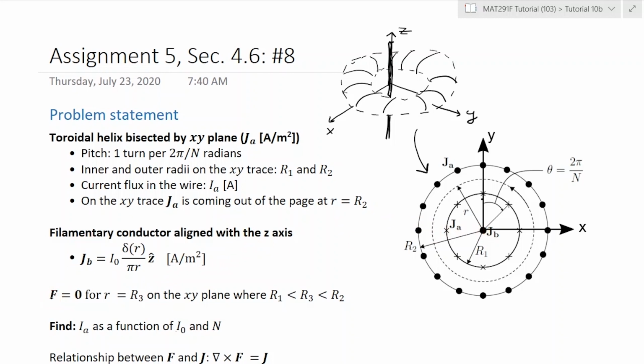You're also given that F, the field F produced by these two objects together, is equal to 0 for R equal to R3 on the xy plane, where R3 is between the inner radius of the torus and the outer radius. So for some R3 that's inside of this torus on the xy plane, the field is 0.